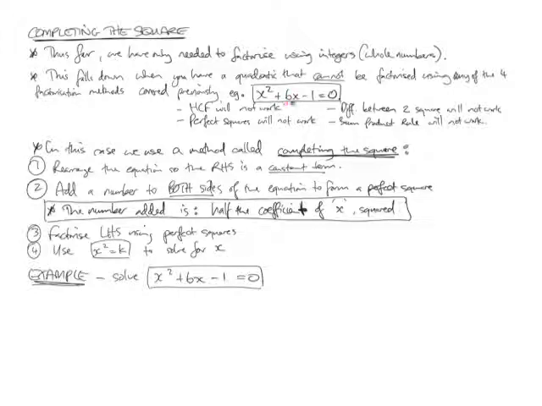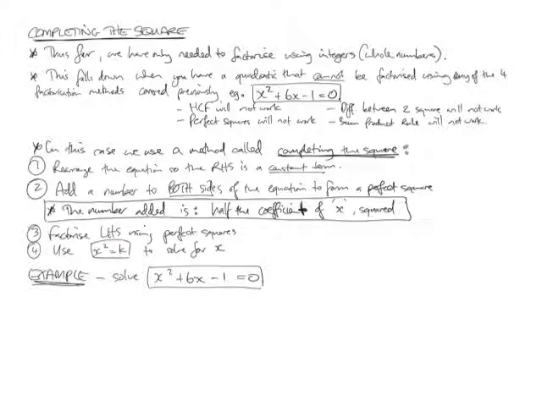The coefficient of x is the number in front of the x variable, not x squared, x. So 6 here, in that case, half of the coefficient of x is 3, because 6 divided by 2 is 3, and then square that. 3 times 3 is 9. So the number you would add to both sides for this particular equation would be 9. So there is a particular way to work out what number is to be added. It's not just any number.